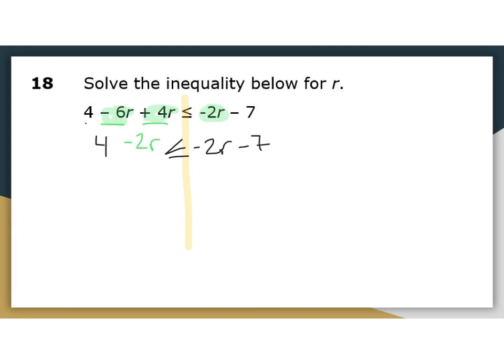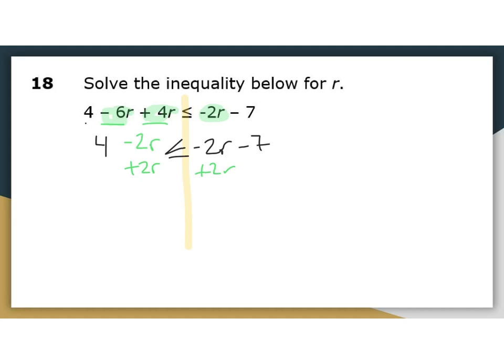The next step is going to be to go ahead and get the variables together. So I'm going to go ahead and move this -2r to the other side. If it's a -2r, the inverse is going to be to add 2r to both sides.